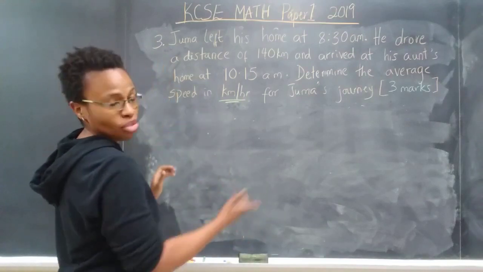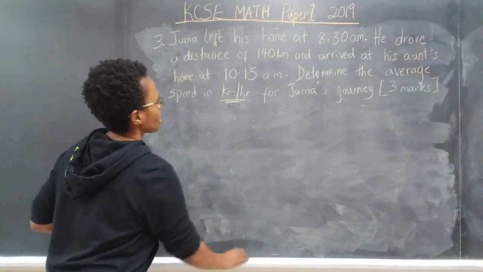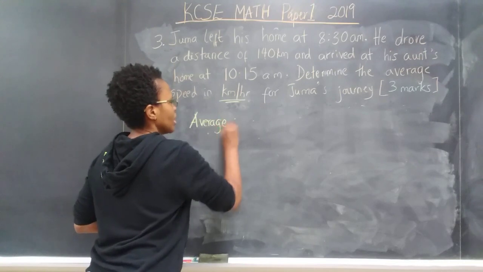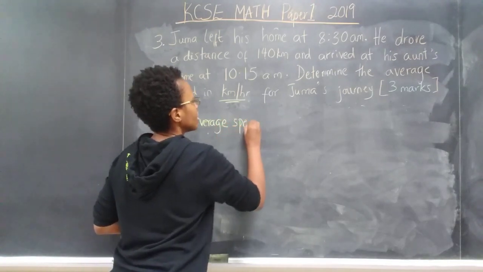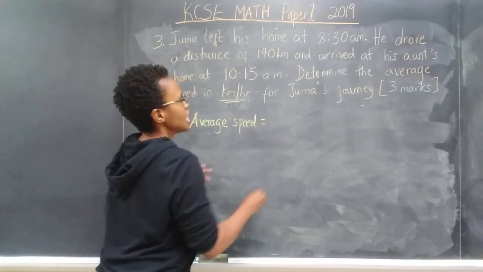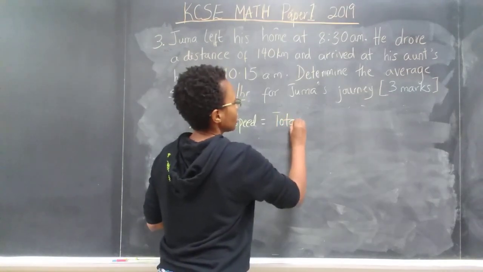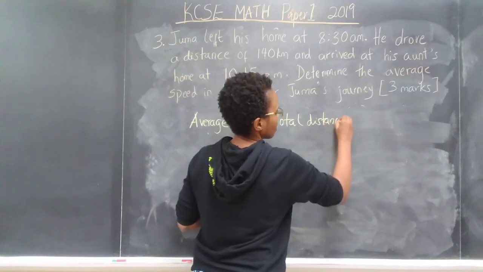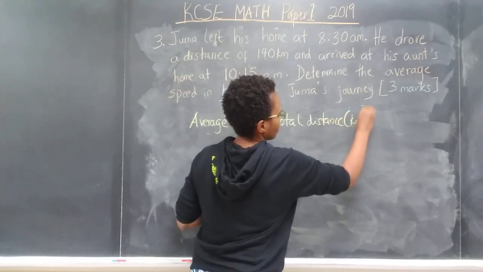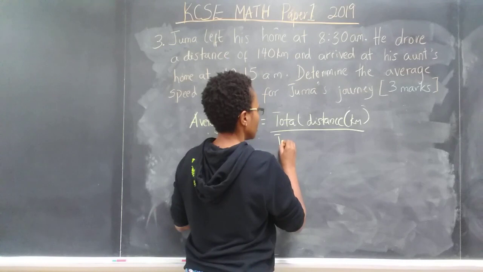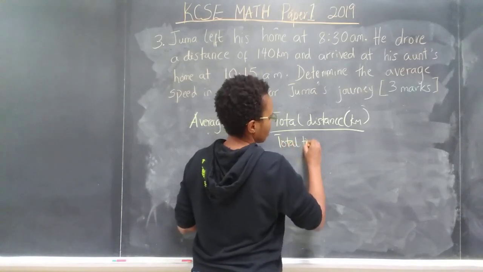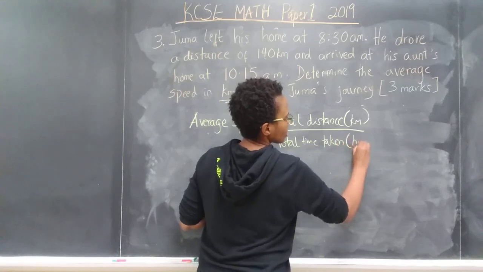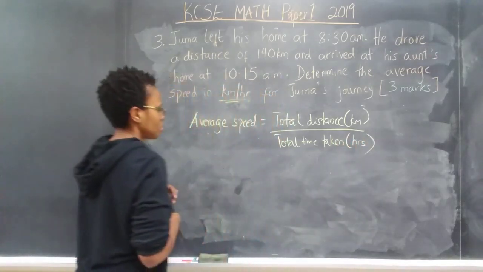So from that, you can deduce that the formula for the average speed is the total distance covered, in kilometers, divided by the total time taken for the journey, and that is going to be in hours.